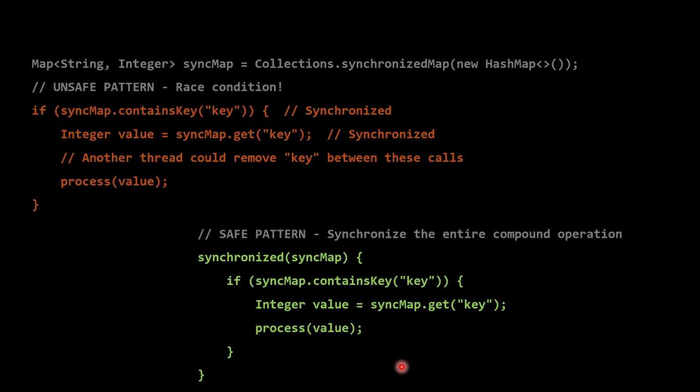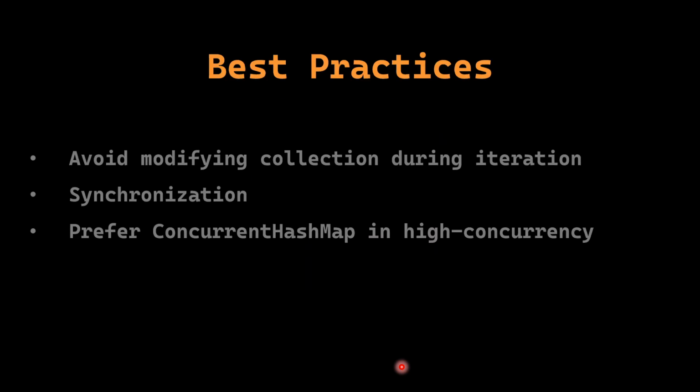Now let's discuss critical best practices. First, never modify a map directly while iterating over it, except through the iterator's own remove method or ConcurrentHashMap's atomic operations.